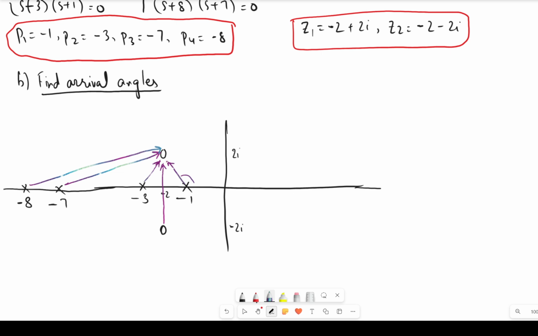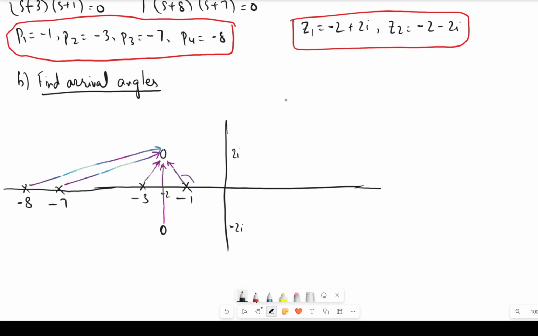And we know that if we find this angle, we'll be able to find this as well. We are interested in the angles at the complex zeros. If we want to find the angle at this, we need to draw arrows from all other poles and zeros. Now we have drawn the angles.